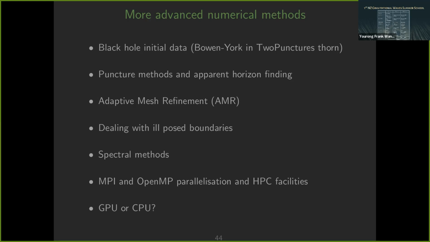And also something that is worth considering is the GPU or CPU. So there are some codes that are being ported to GPU at the moment, including, we're trying to look at COFFEE being ported to the GPU. With the larger and larger data being flung around, GPUs can potentially really speed up these simulations.